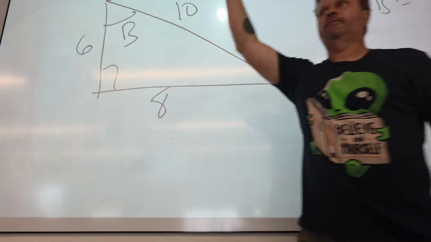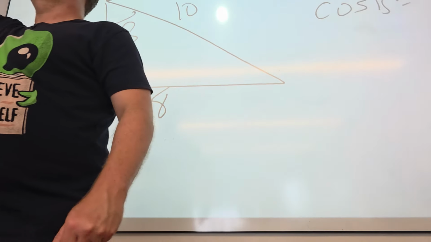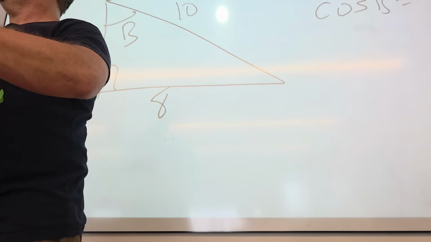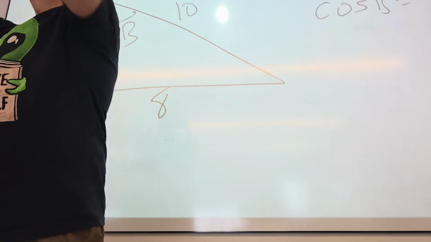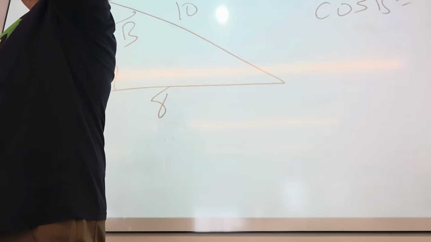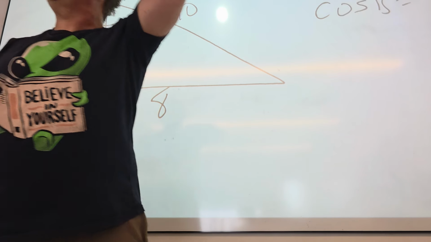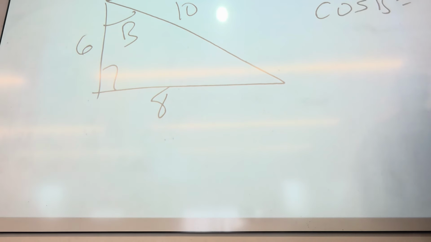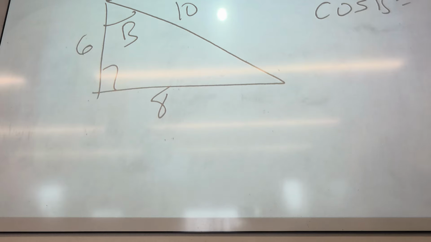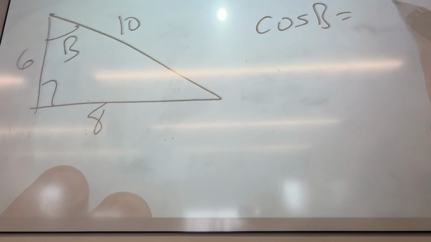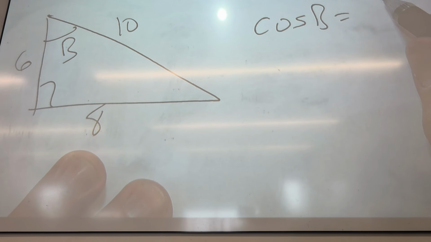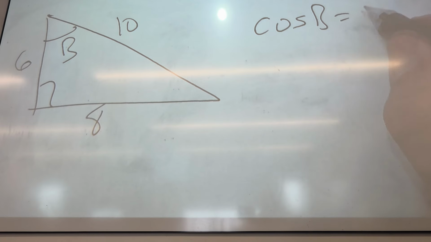What ratio does cosine B need? What is cosine B defined to be? I mean, what's cosine of any angle? Yes. X over R or H, yes.